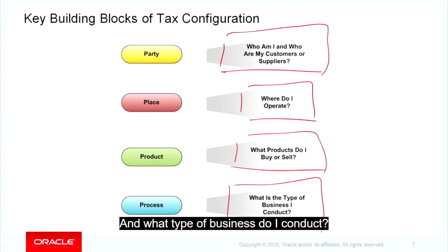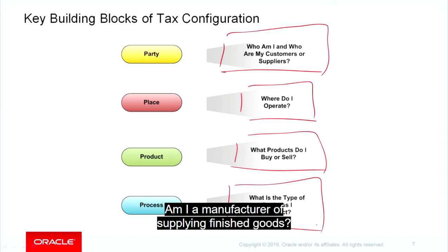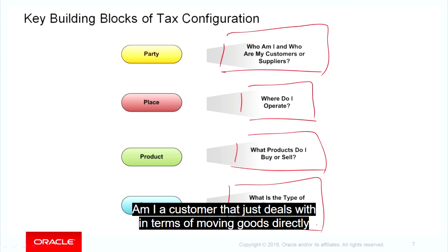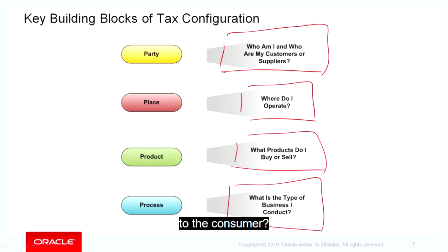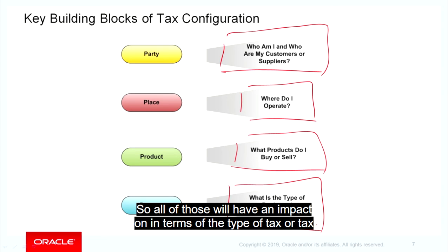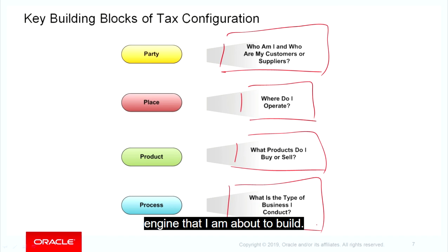And what type of business do I conduct? Am I a manufacturer? Am I supplying subcomponents? Am I a manufacturer supplying finished goods? Am I a customer that just deals with, in terms of moving goods directly to the consumer? So all of those will have an impact on the type of tax or tax engine that I am about to build.